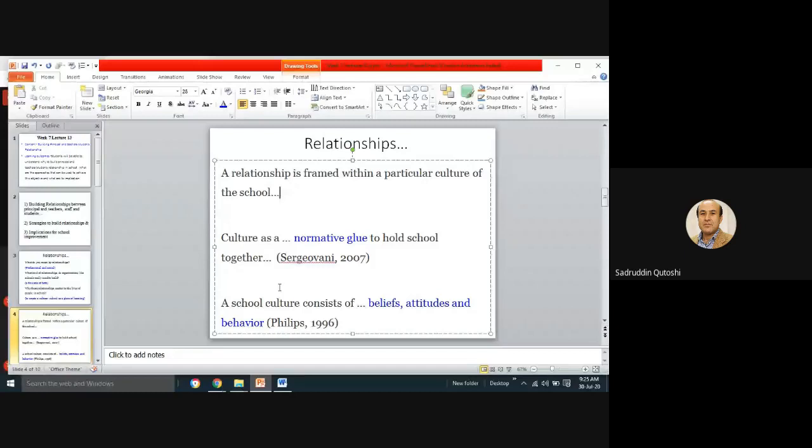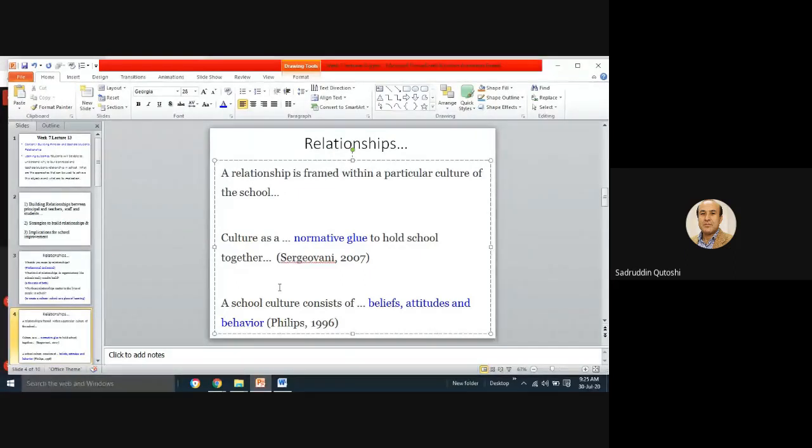A school culture consists of beliefs, attitudes, and behavior. What are these particular things which, as a normative glue, stick everyone together?